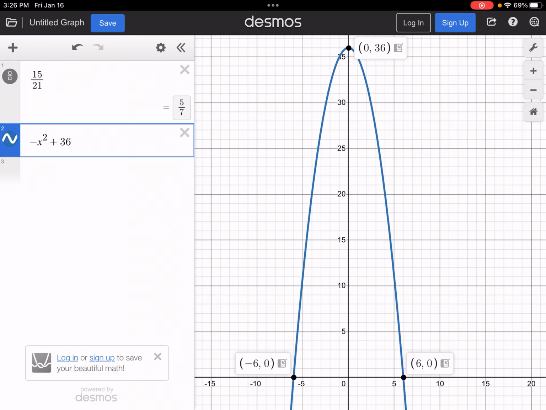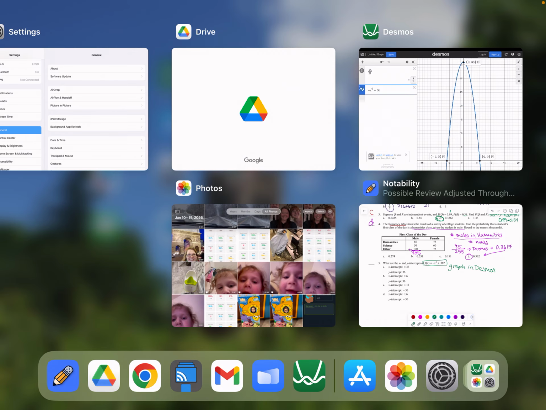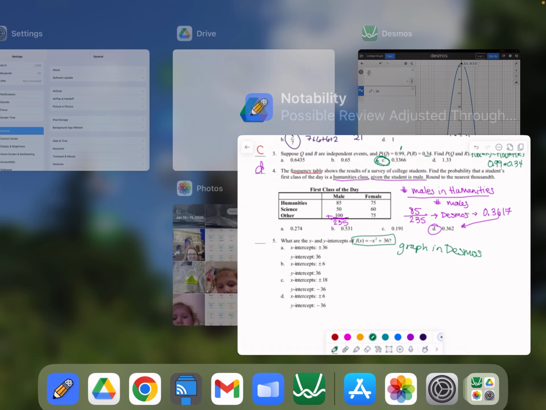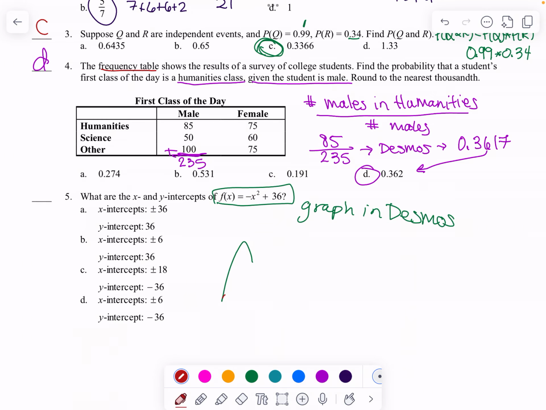So I'm going to draw that on my paper. These are the x-intercepts, the 6 and negative 6, and the top one is the y-intercept. So there's negative 6, there's positive 6, and it went up to 36. The only one that has the y-intercept at 36 and 6 and negative 6 would be B.